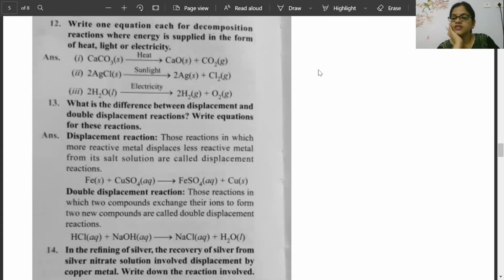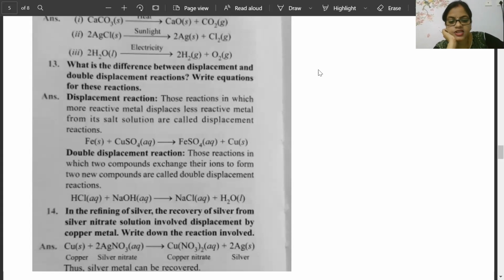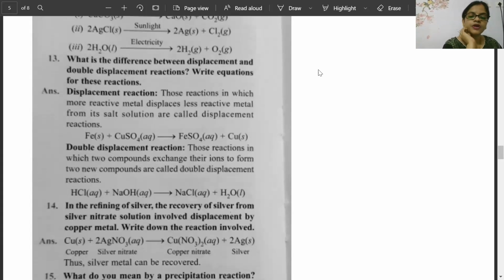Let's see what the answer is. Kritika, Pavitra, Kirtimaya, everyone gave the answer. The answer here is Cu, copper, plus silver nitrate gives copper nitrate and silver formation. I hope everyone might have balanced it. Silver metal can be recovered. After this, silver metal is recovered. Correct. Let's go for the next question.